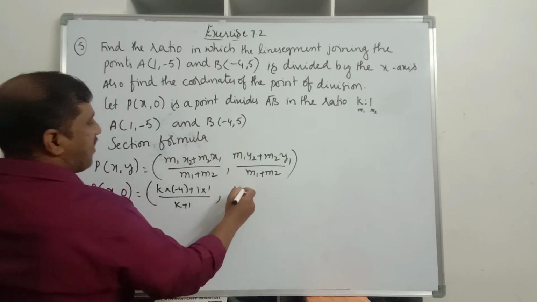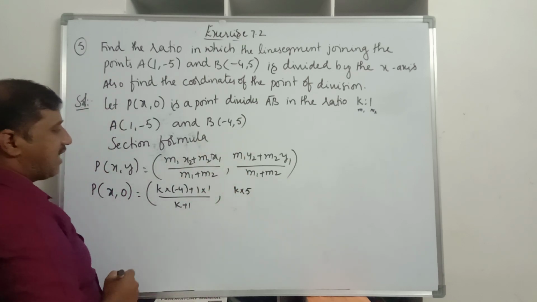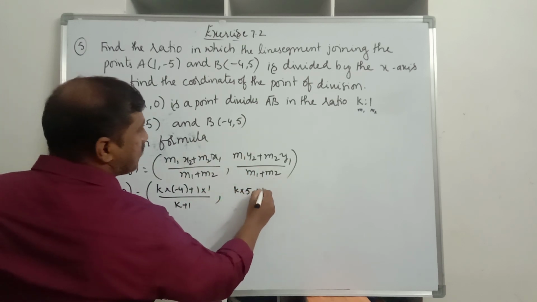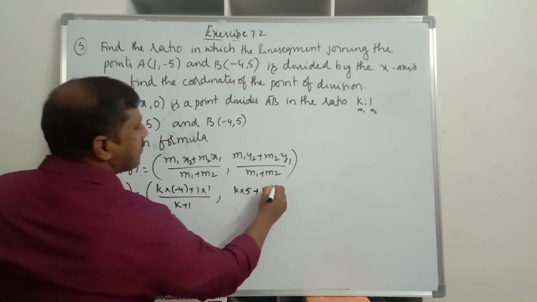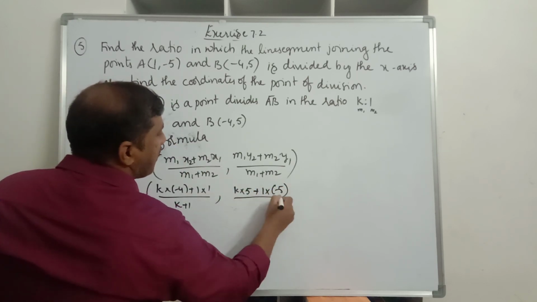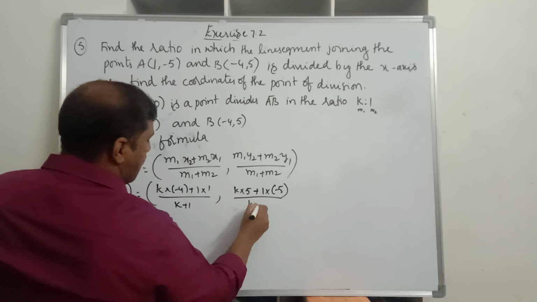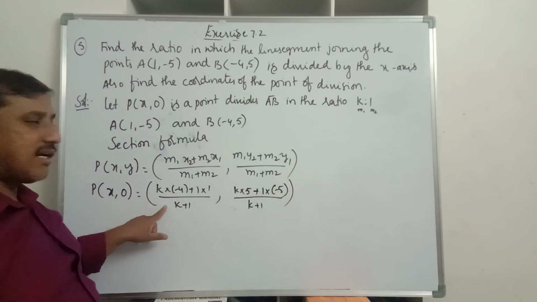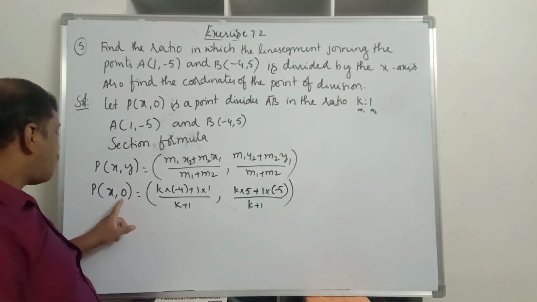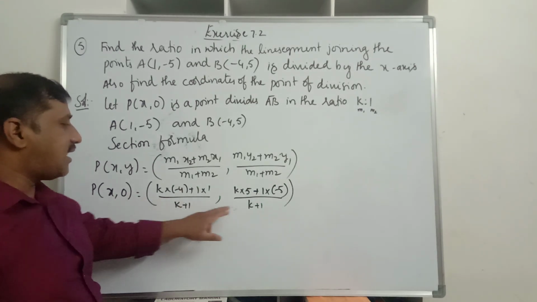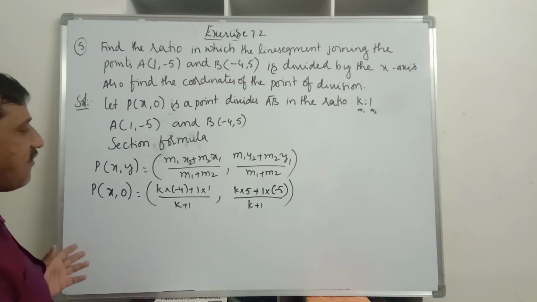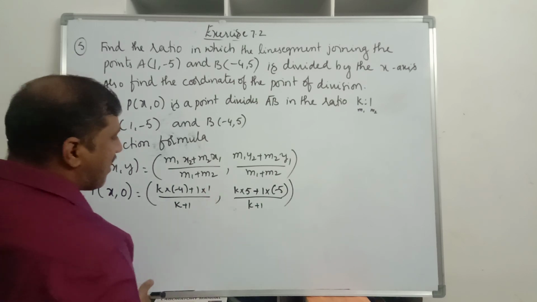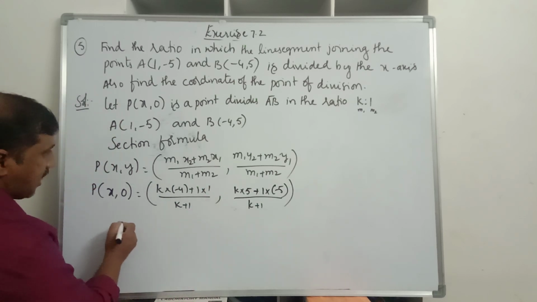It is 5, plus m2 is equals to 1 into y1 is equals to minus 5, divided by m1 plus m2, means it is k plus 1. Now we see here x, we don't know what is the value of x. So here we know the y coordinate. Take the y coordinate and simplify. We will find the x value. This is a k value. We will find it.